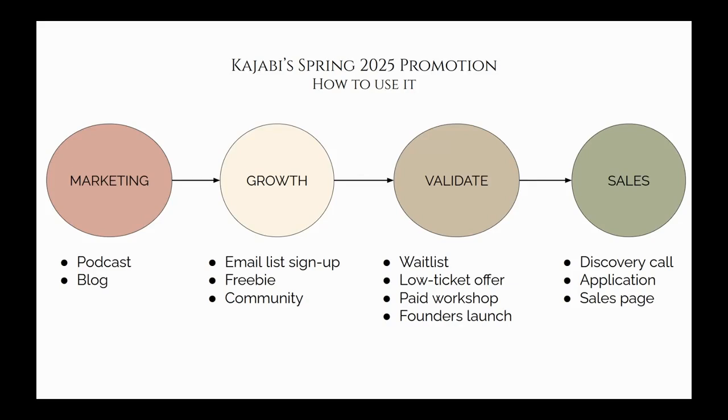As far as validate, choose one way to validate your ideas and then set up one sales mechanism for that. The power of Kajabi is that it has so many features that you can grow into. But when you're first getting started, put those blinders on. Choose one feature from each of those phases: marketing, growth, validate, and sales. Focus on those and get them up and running.